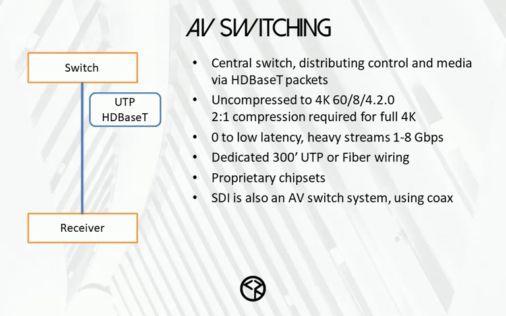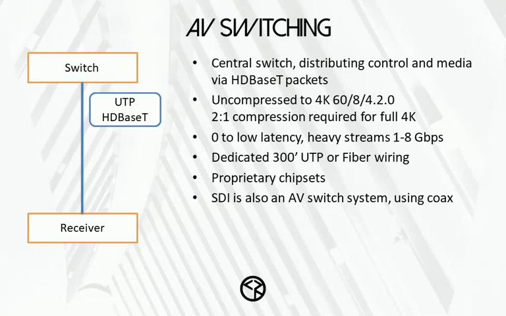Remember, you only have an 8 gigabit stream, so a full 4K image couldn't fit. So one would expect when you do 4K in current AV switchers, there would be some type of scaling or compression to put a full 4K image through HD-Base-T. You're going to have 0 to very low latency, depending what's going on with the system.